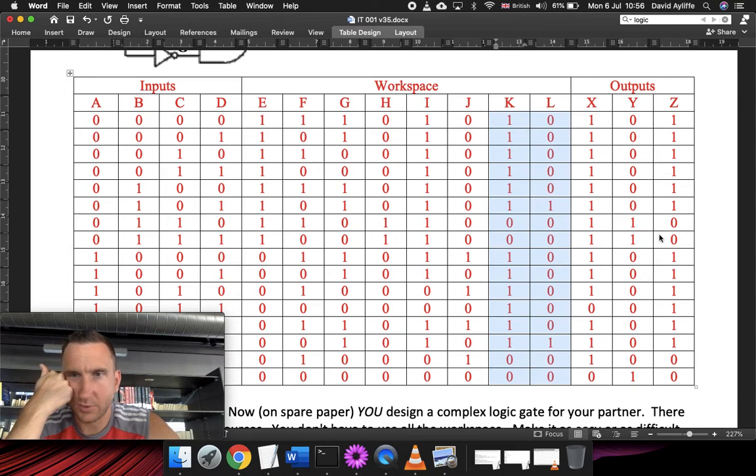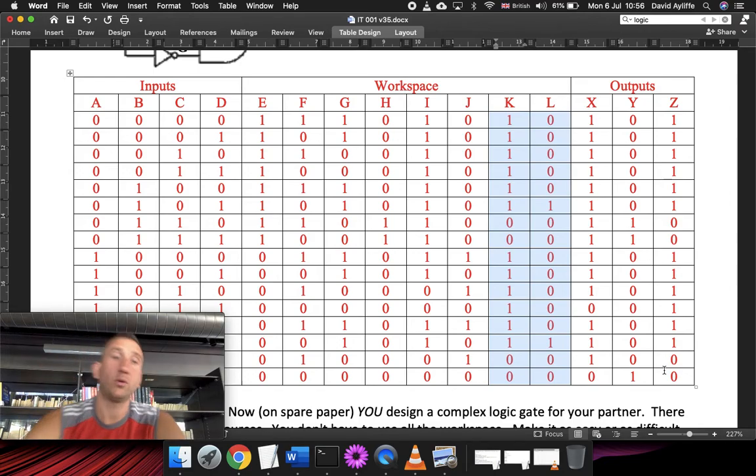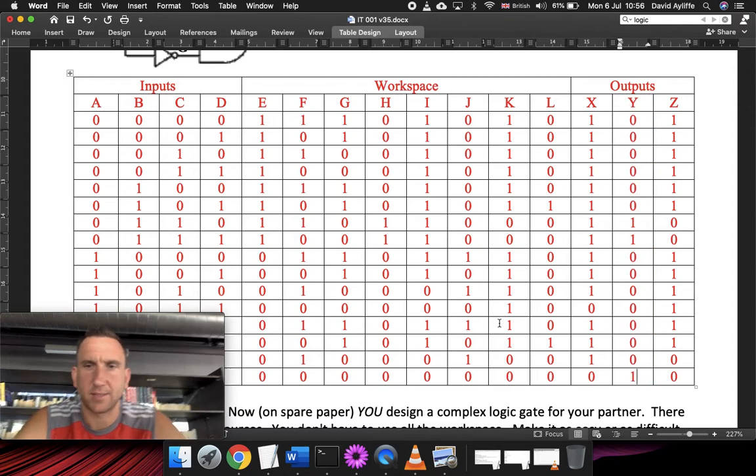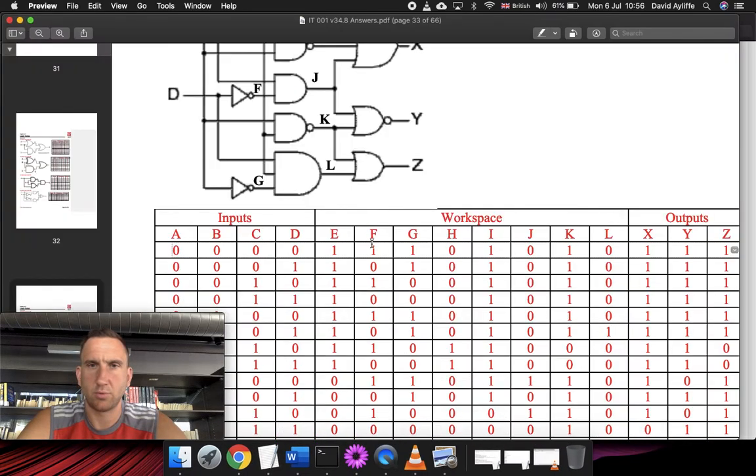These are zeros, so those are zeros, positive, positive, positive, and those are zeros. Okay, alright, good. Okay, so we found some problems with this one. I'll put version 35 of the answers up for you. Right, well that was interesting.